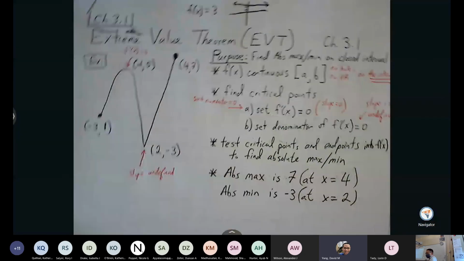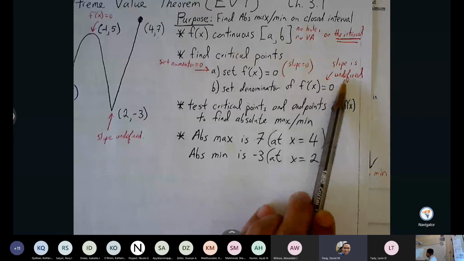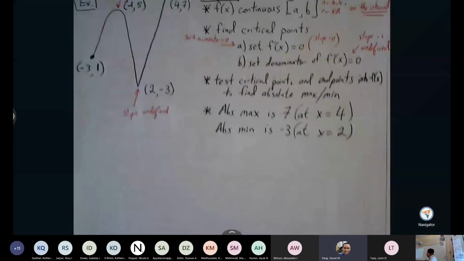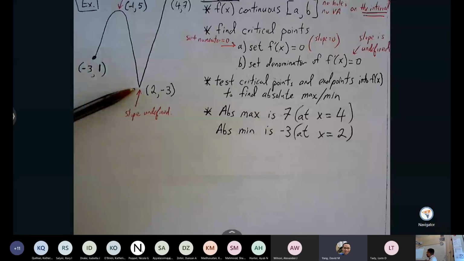But if there's a denominator, we also need to set that equal to 0. Even though it's a place where slope is undefined, here's the visualization: a slope undefined could also be an absolute minimum or absolute max. So we don't want to forget about the denominator of a derivative, if there is one.